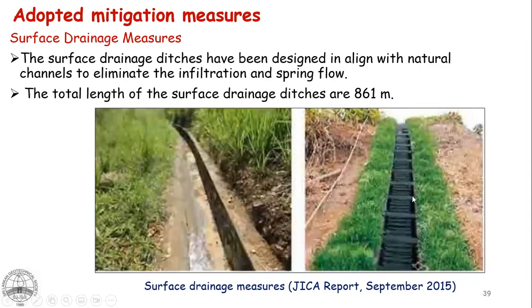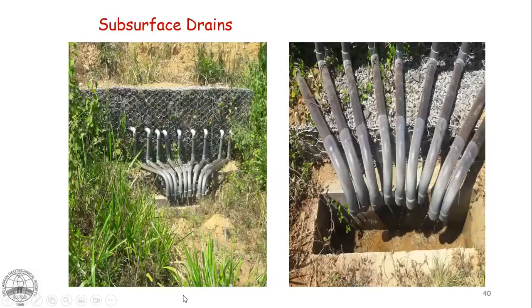Some pictures of surface drains and subsurface drains. At one location there was drilling in these radial directions. The water collected from the subsurface drains was taken to one manhole, and then sent down the slope through another drain.